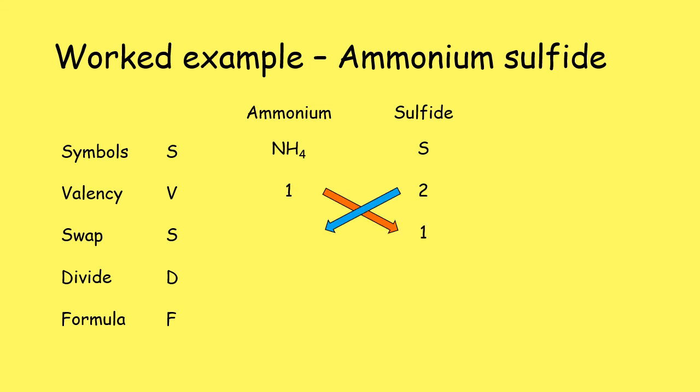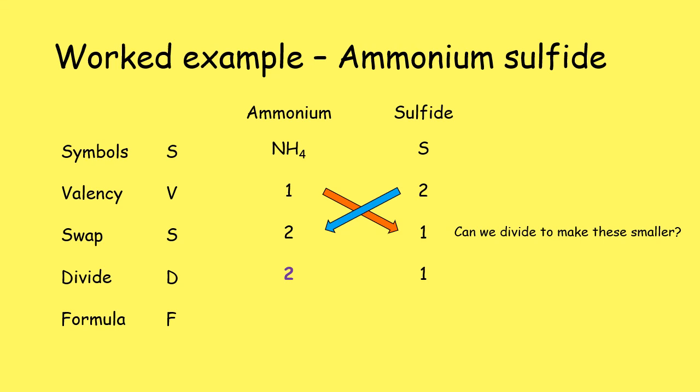When we swap the numbers, we now end up with a 2 underneath ammonium and a 1 underneath sulfide. So when we divide, can we make them smaller? The answer is no. Again, we've got a symbol that contains more than one element, and a number greater than 1 in the divide step. So we are going to need to use brackets.